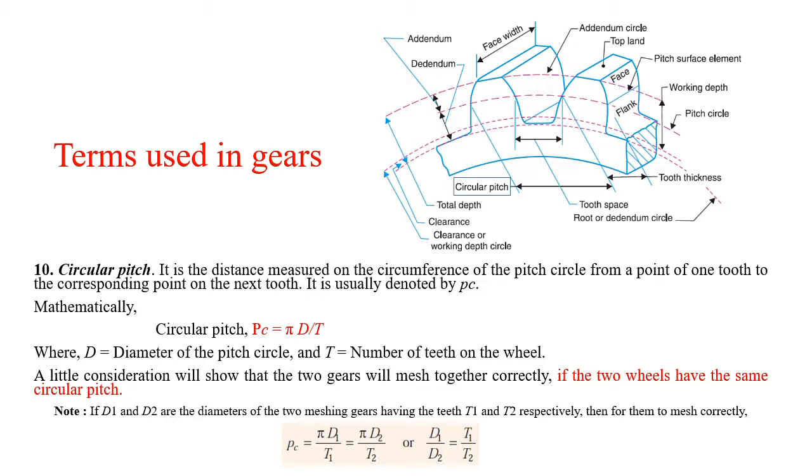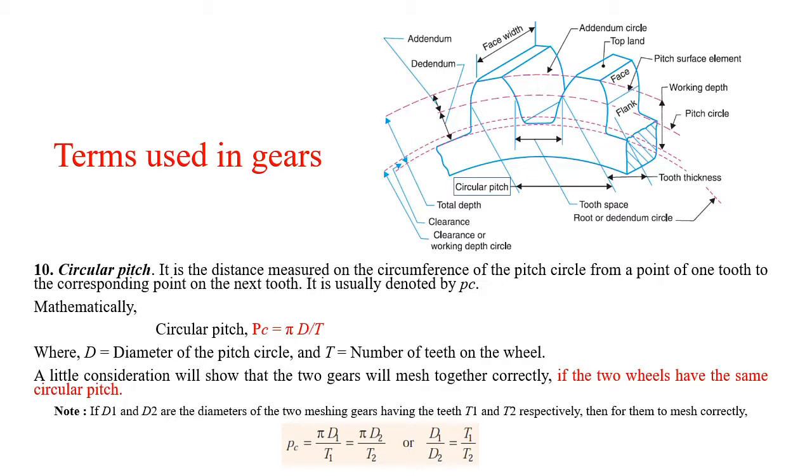If this distance is the same for the two gears, then and only then will these two gears mesh correctly to each other. Now consider, if two gears have this ratio pi into D by T the same, then and only then will these two gears mesh correctly.